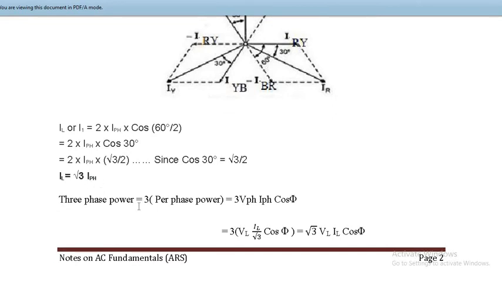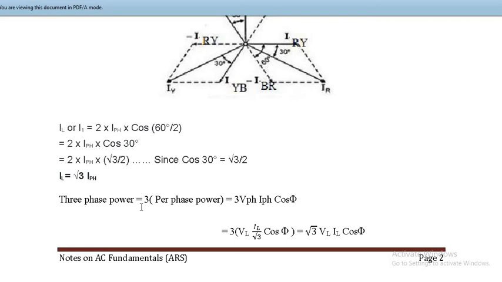Okay, again 3 phase power is equal to 3 into per phase power, so that is equal to 3 VPH IPH cos phi, and if I substitute VPH is equal to VL, IPH is equal to IL by root 3, cos phi as it is, I get the same expression as root 3 VL IL cos phi. Okay, but mind well to see the expressions, both the expressions for power in case of star connected systems and in case of delta connected systems are same, but it is seen that the power consumed in delta is thrice that of star.